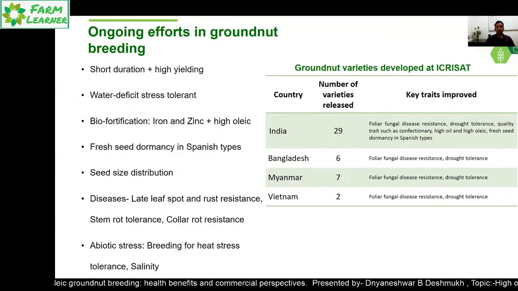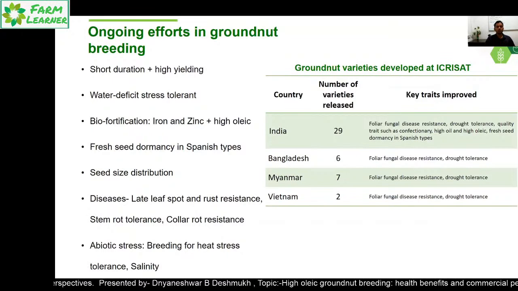If you look at the groundnut varieties developed at ICRISAT and released by different partners, in India, ICRISAT has been the source for direct release of 29 varieties. They are resistant to late leaf spot and rust, drought tolerant, with qualities such as confectionery, high oleic and high oil, and fresh seed dormancy.